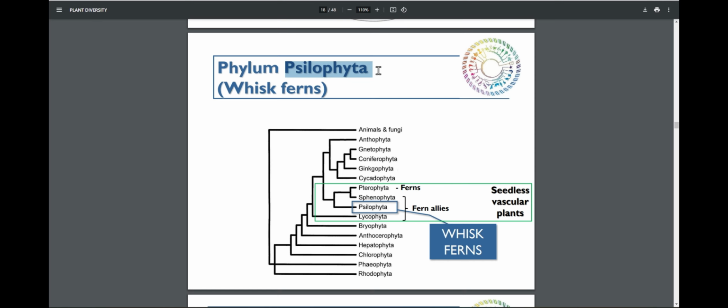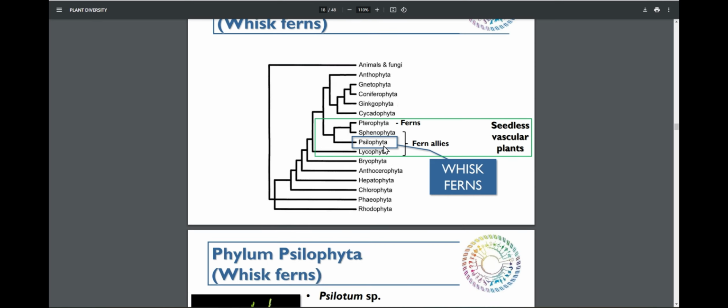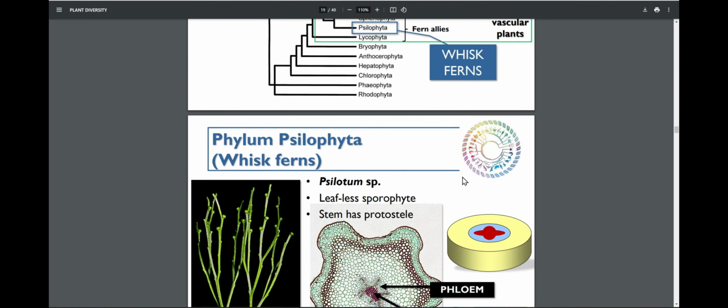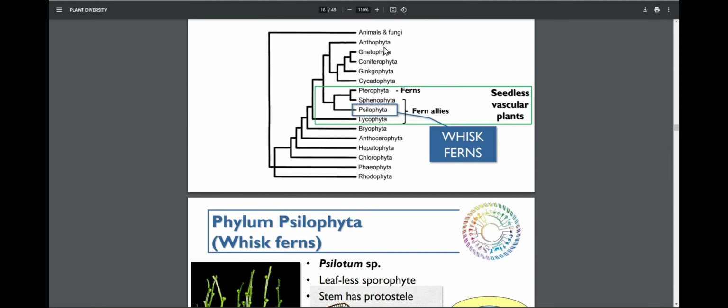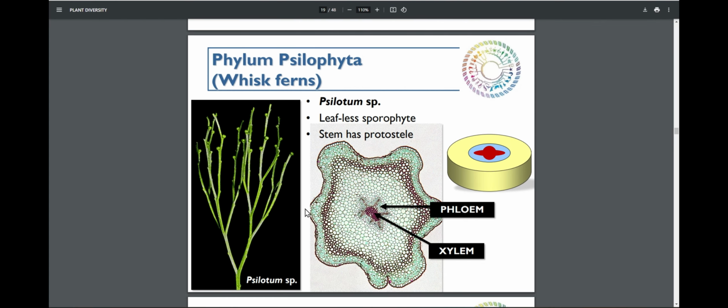Now we move on to Psilophyta, the whisk ferns, which is a bit of an interesting outlier. They do not have leaves. In case you didn't know or forgot, vascular tissue and organs like leaves are more advanced, so they appeared later during the evolution of plants, but due to maybe a secondary reduction in evolution, leaves just stopped appearing in this phylum.